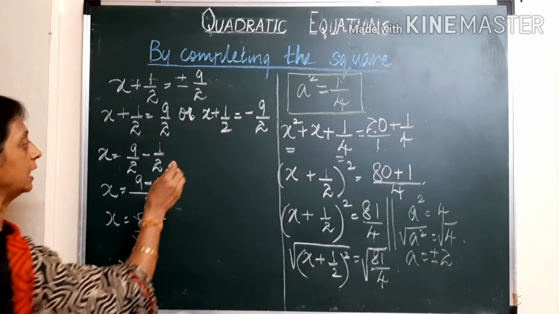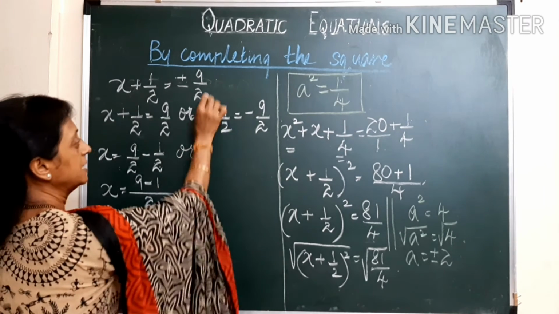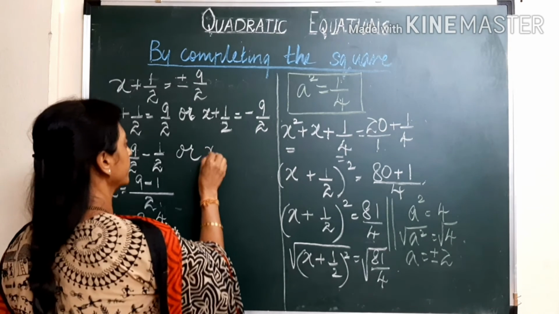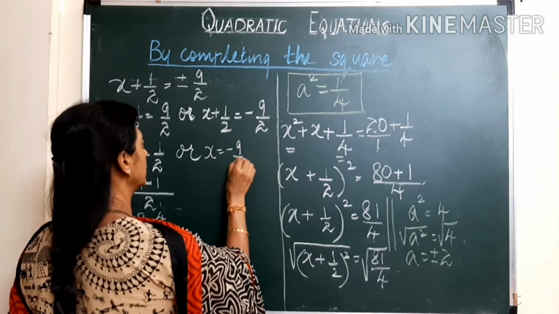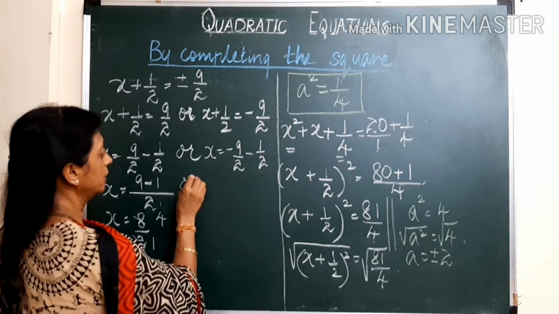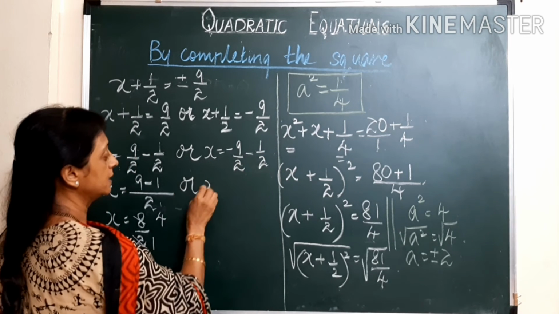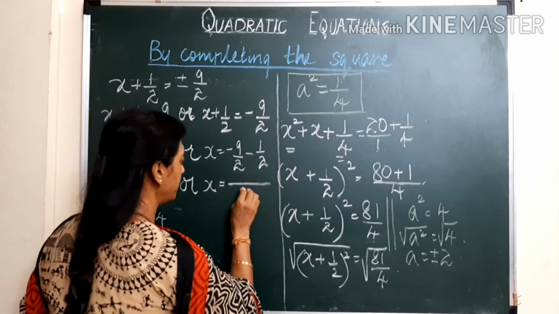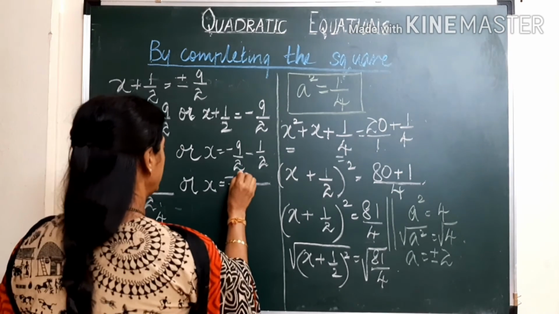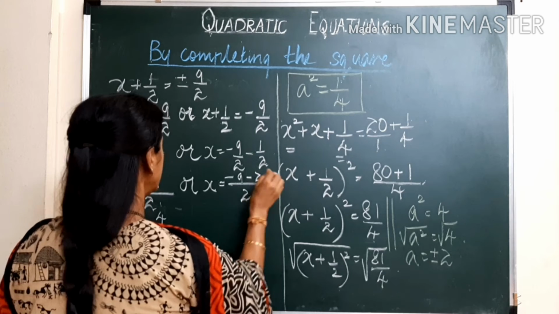Let's solve the other side. Plus half again goes on the other side, gives you minus half. Again over here, the denominators are luckily the same. So numerators, write them as it is. Minus 9 minus 2.